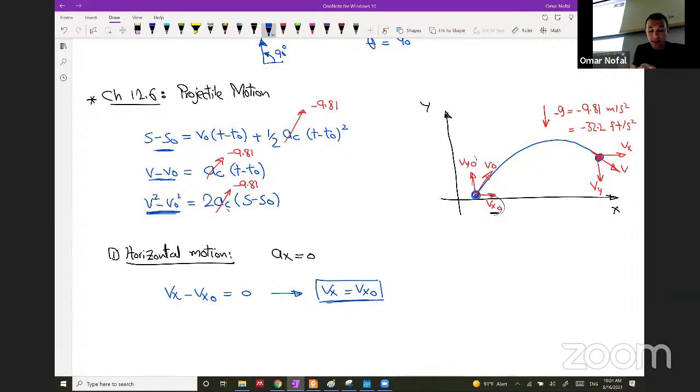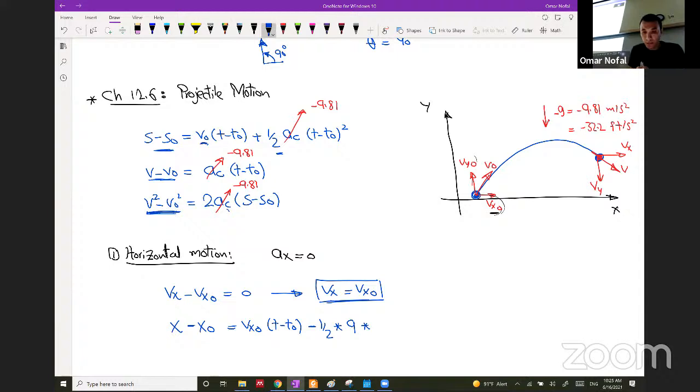And finally, it will end up with the same equation. Let's substitute in the S. So we have X minus X node equal to Vx node, substitute in this, T minus T node. And if you come here, it will be minus 1.5 multiplied by G, which is 9.81.